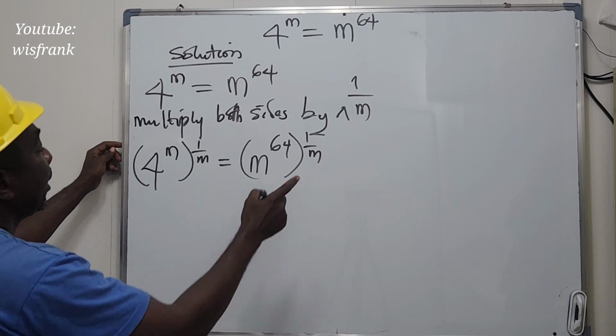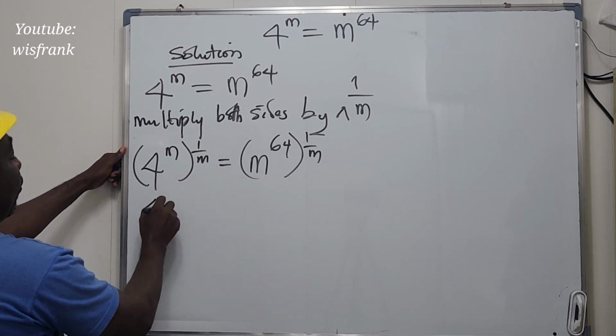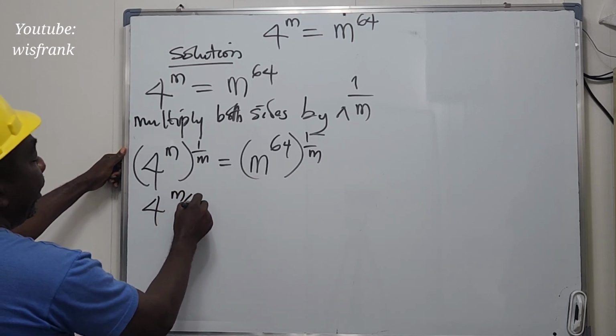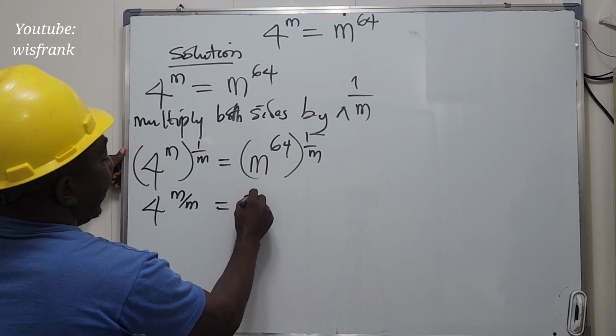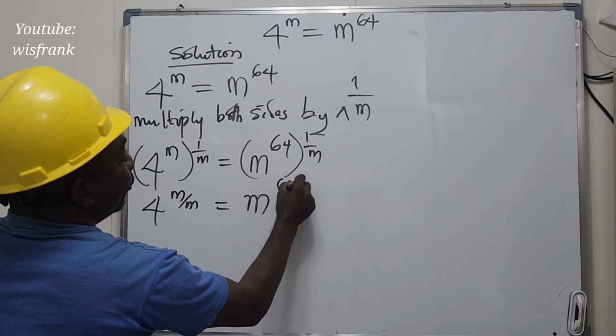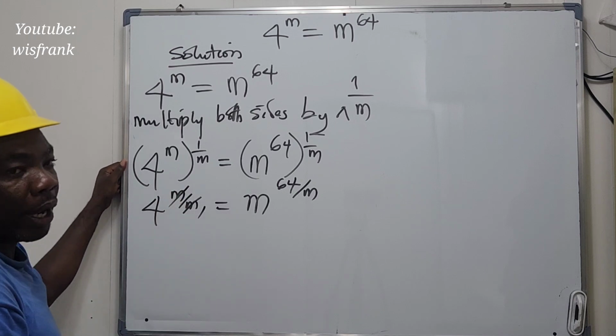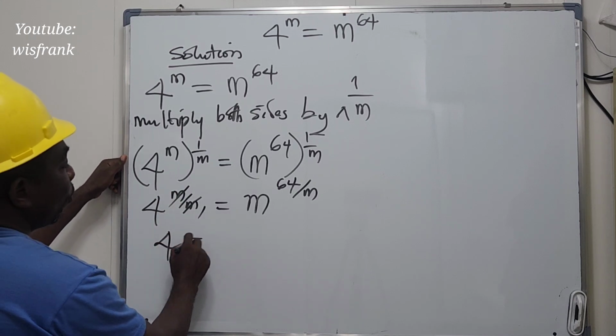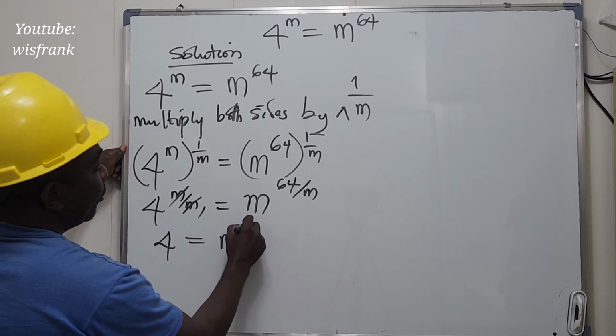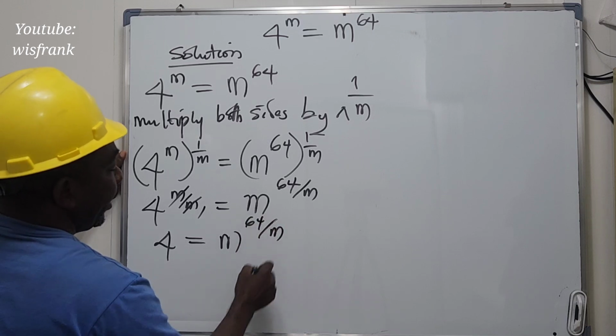So here, this is going to become 4 to the power of m over m equals m to the power of 64 all over m. m will cancel here and it cancels here. We are now left with 4 equals m to the power of 64 all over m.